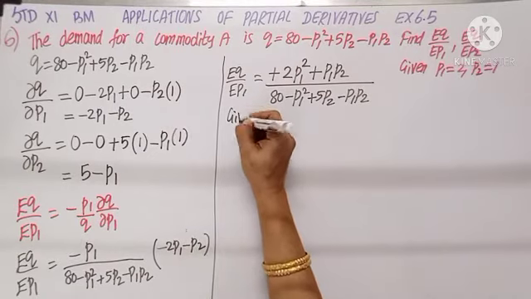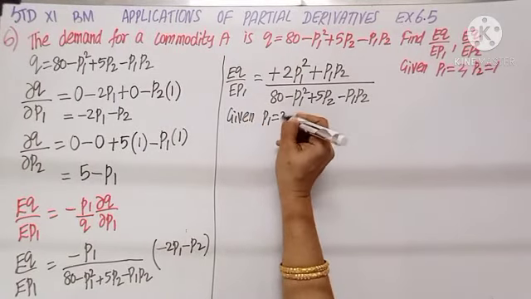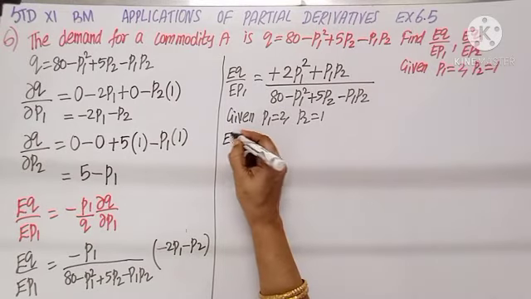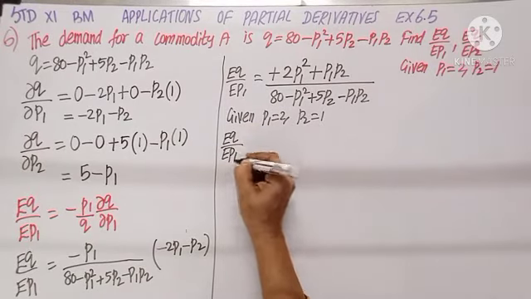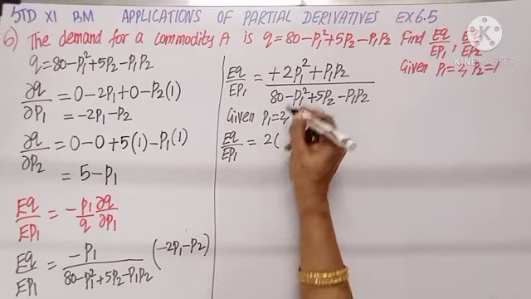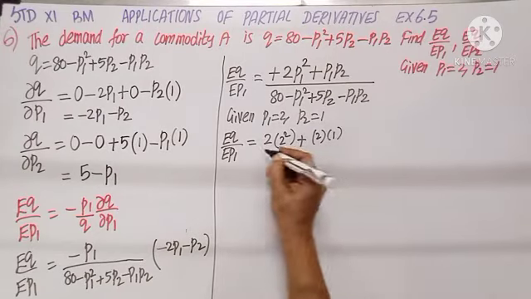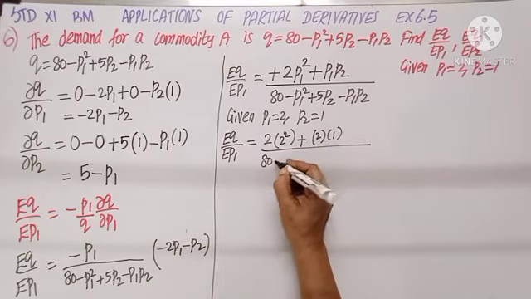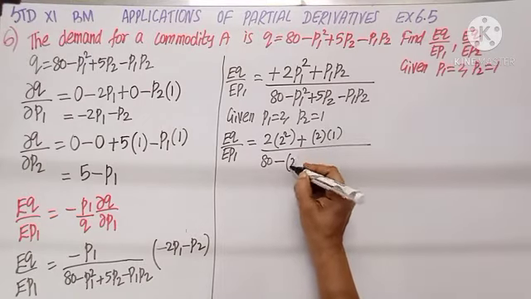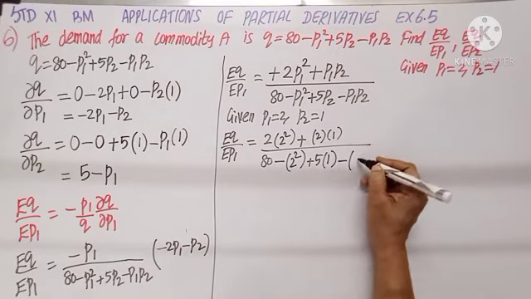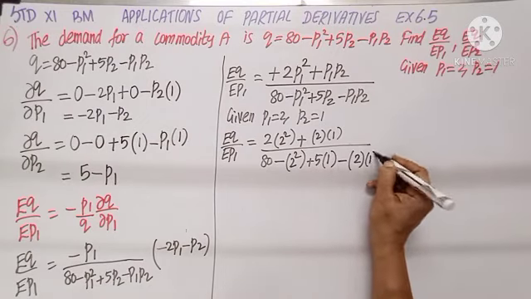Given P1 equals 2 and P2 equals 1, let us substitute. EQ by EP1 equals 2 into 2 square plus 2 into 1, by 80 minus P1 square, which is 2 square, plus 5 into P2, which is 1, minus P1 into P2, which is 2 into 1.